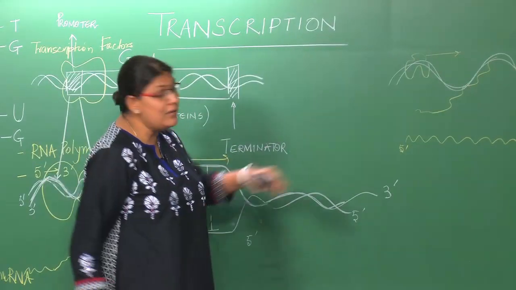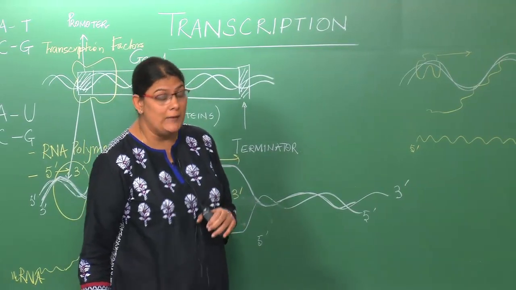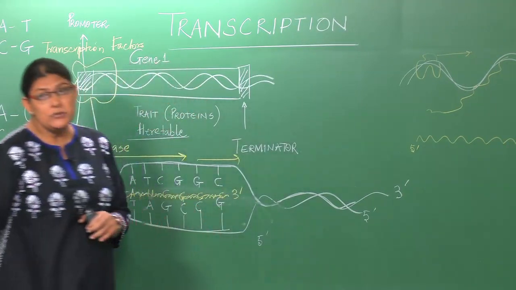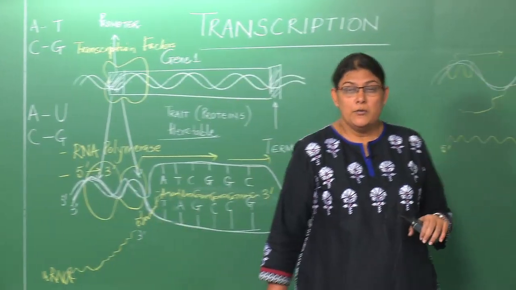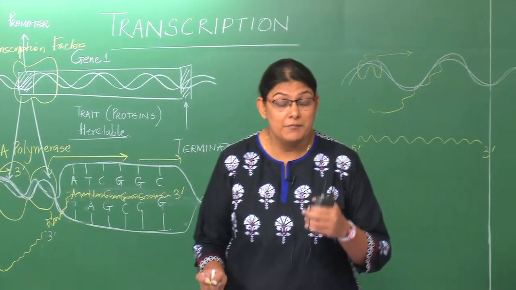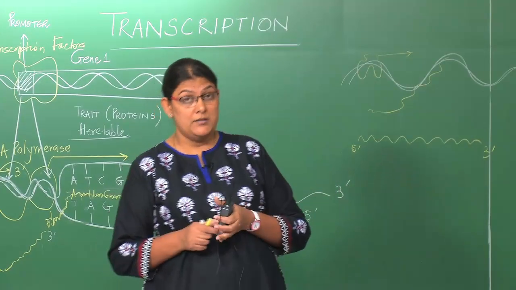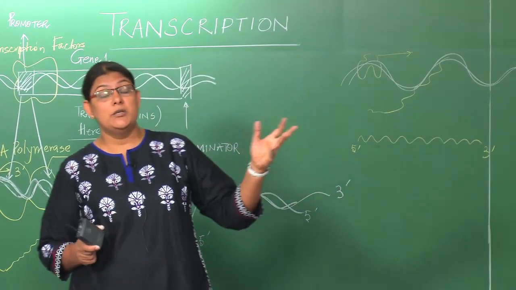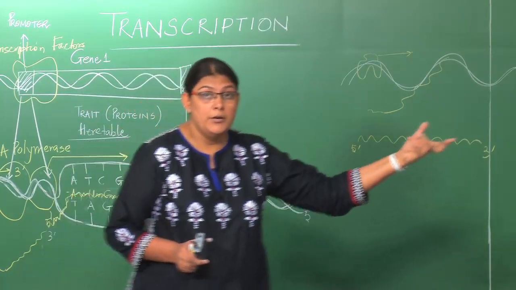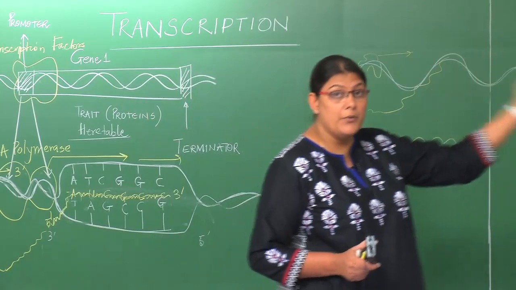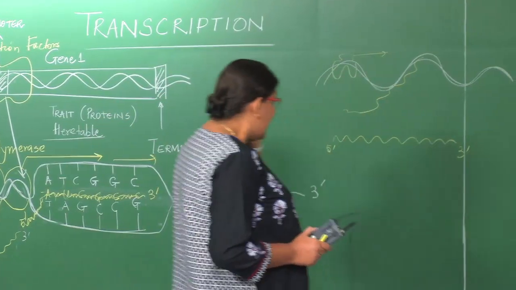So, now you have the mRNA molecule which is ready, and in case of eukaryotes, the mRNA molecule then undergoes further processing, because remember, in eukaryotes the mRNA has to travel a long journey. It has to come out of the nucleus and then dock on to a ribosome and then approach the chef. So, it has to travel.